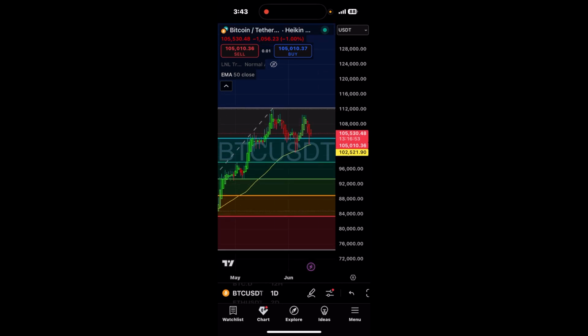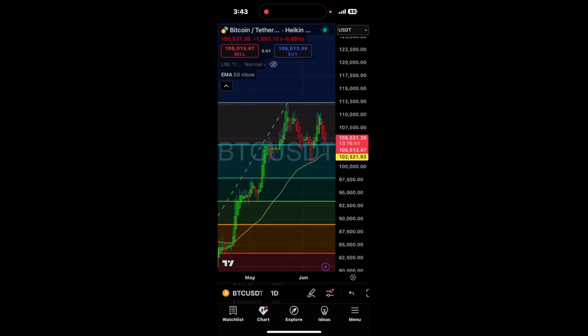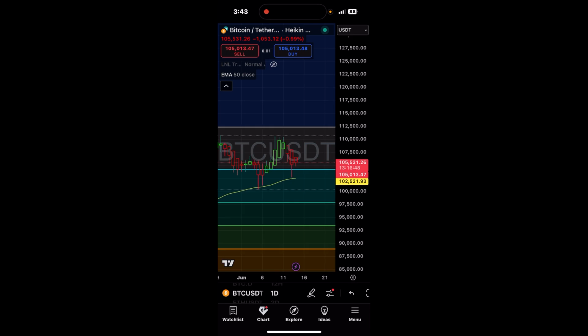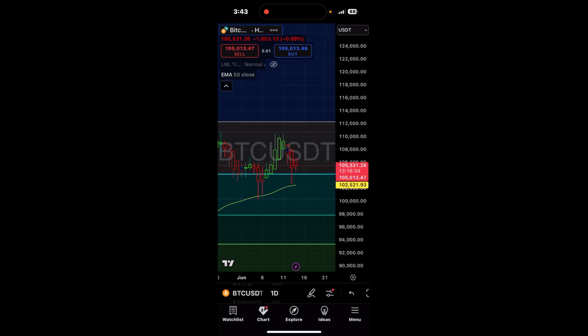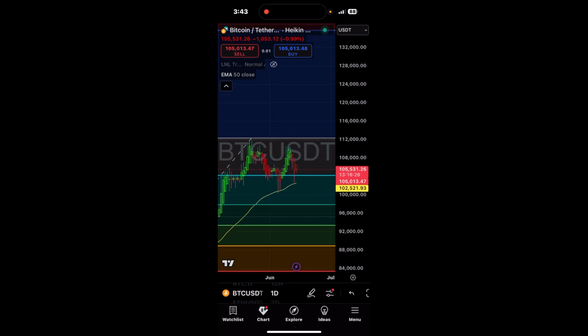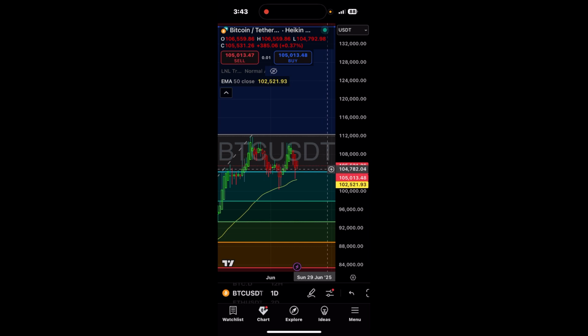What we can see right here, when we zoom in, is that there is a support line at 104, which basically means the price will most likely bounce back up from 104. As it gets closer to that number, you might find a bounce zone. That would be a good point to get in, since we are still in a bullish momentum.